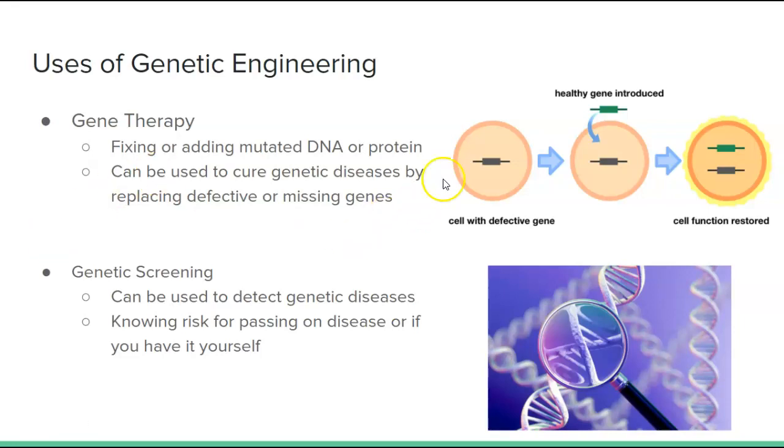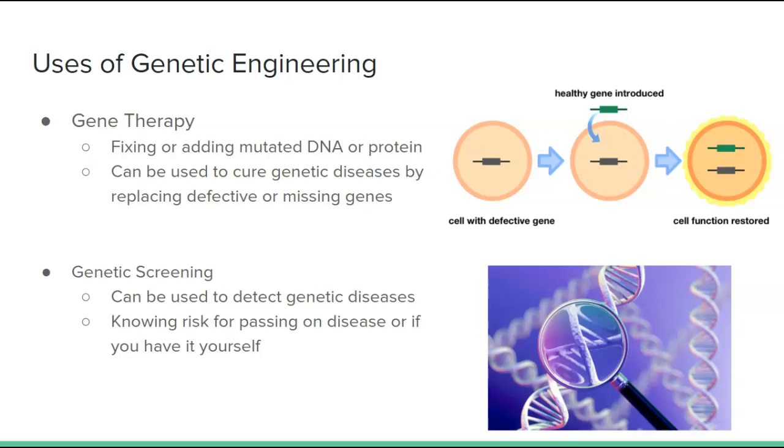So if you have a cell with a defective gene, you can introduce the healthy gene instead, and then you would have the cell function restored because now your cell is going to base its decisions off this healthy gene rather than this defective gene. So that's gene therapy, is fixing or adding in a healthy gene.